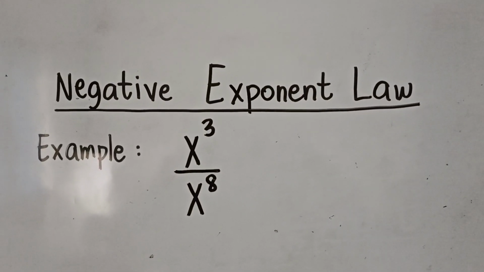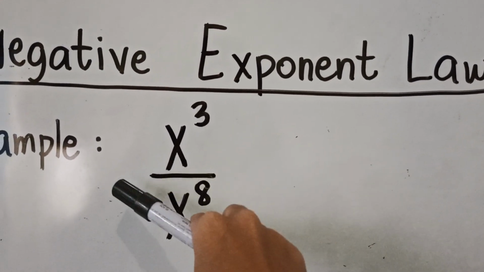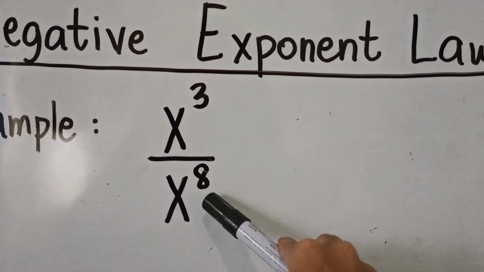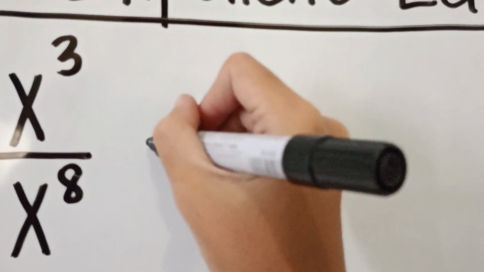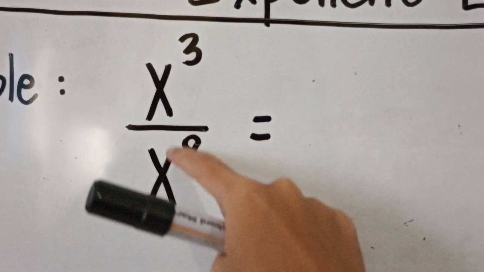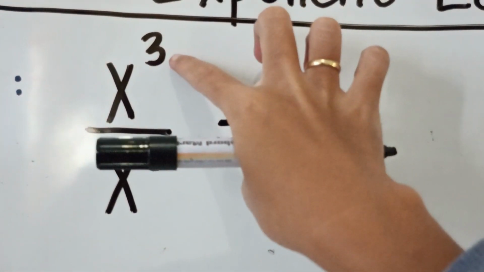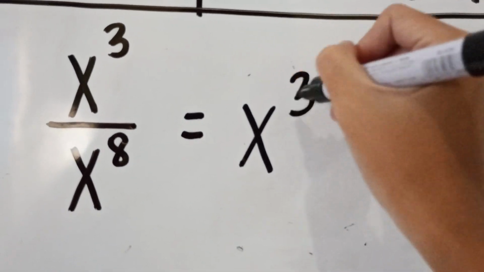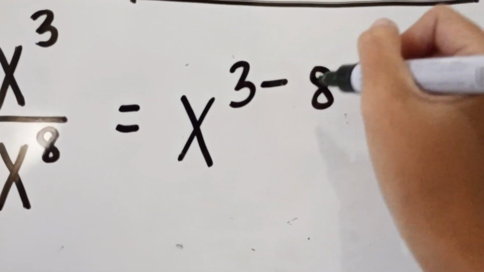Now we have here x cubed over x raised to the power of 8. So we're just going to have the same process with quotient law. So we're gonna copy first the common variable, which is x, and then copy first 3 minus the exponent 8. Alright?